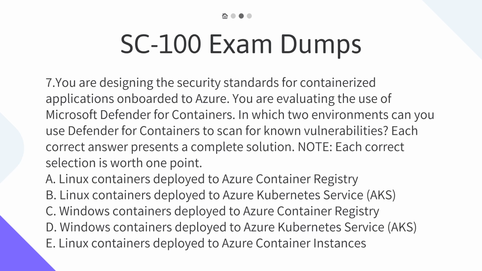A. Linux containers deployed to Azure Container Registry. B. Linux containers deployed to Azure Kubernetes Service, AKS. C. Windows containers deployed to Azure Container Registry. D. Windows containers deployed to AKS. E. Linux containers deployed to Azure Container Instances.